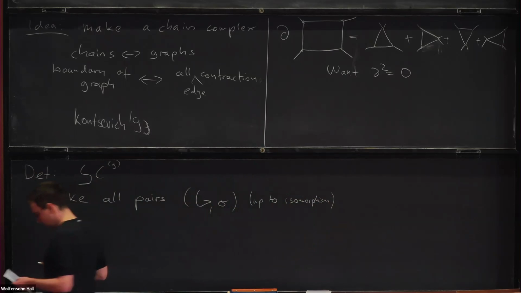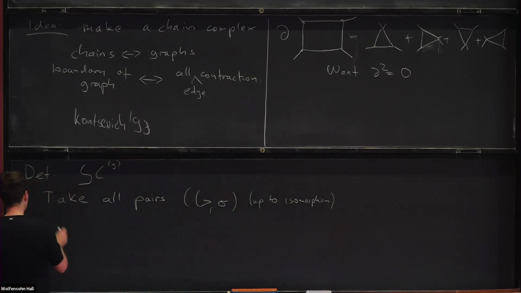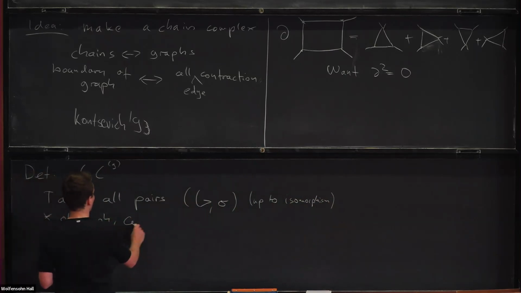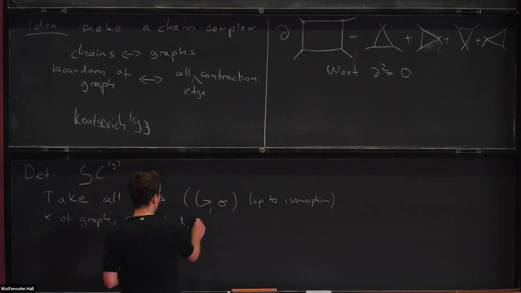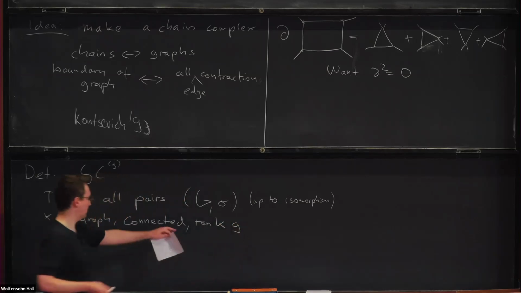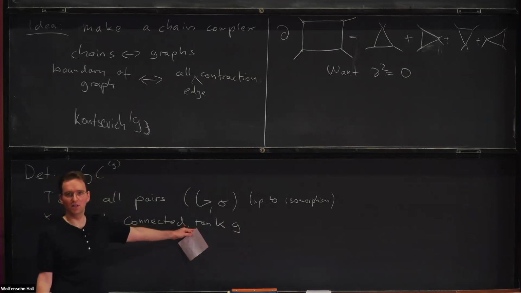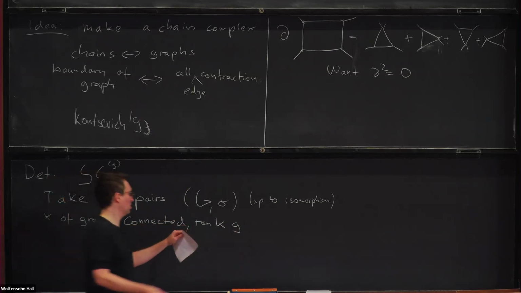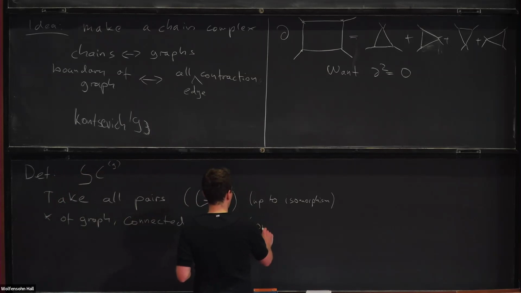The graph is supposed to be connected. It has to have rank g, meaning that the fundamental group of the graph is supposed to have rank g, or it has g loops.